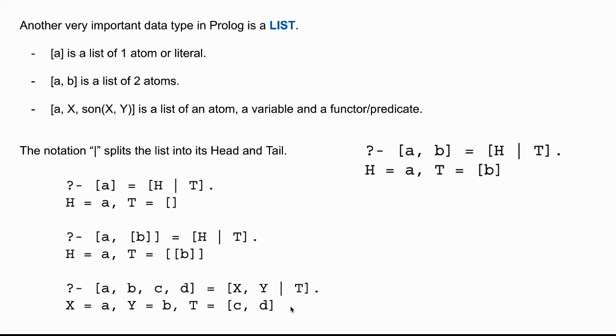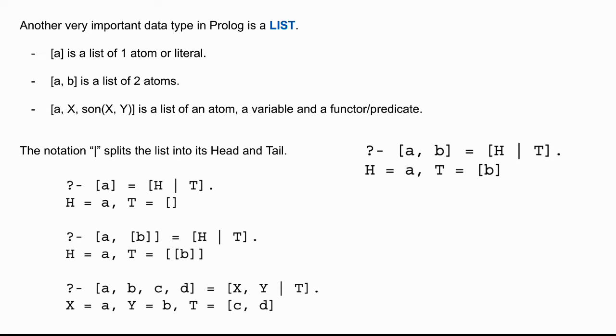Whatever number of elements are written initially, they will be assigned one element each from the list, and everything that is remaining will be assigned to what is called the tail. This is a very crucial concept that we are going to use in the programs that follow.